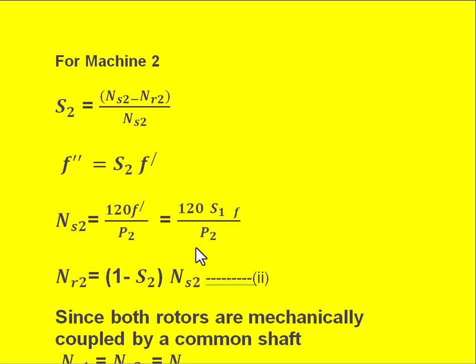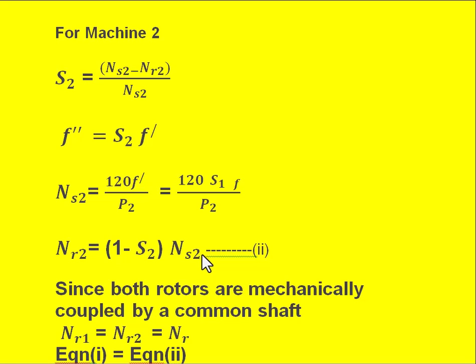From this, NR2, the machine 2 rotor speed, can be written as NR2 is equal to 1 minus S2 into NS2, where NS2 is the synchronous speed of machine 2 and S2 is the slip of machine 2.